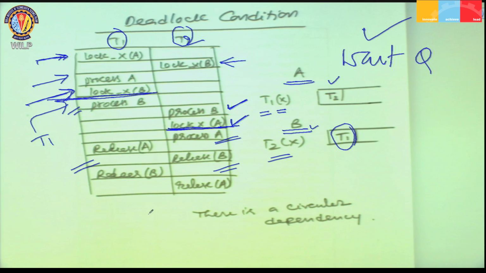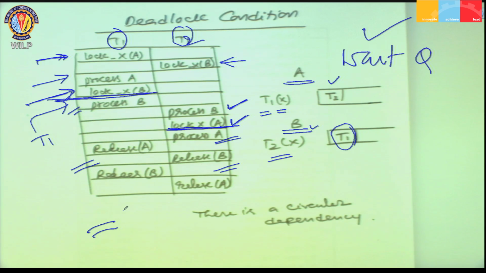If I don't have this mutual exclusion, both the transactions can access the data item freely, but there is a problem of inconsistency. That is, if mutual exclusion is not there, there is no deadlock situation, but there is a problem of inconsistency. But if mutual exclusion is imposed, then the inconsistency may not be there, but there is a problem with the deadlock situation.